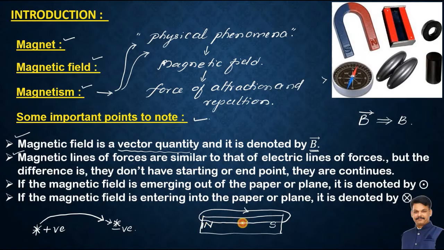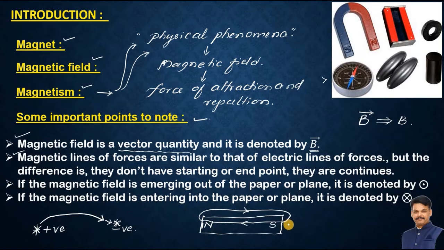So there is continuation of the magnetic field lines inside the magnet. That is the major and very important change in the property of magnetic field lines and electric field lines. So, dear students, just remember that electric field lines are not continuous, whereas magnetic field lines are continuous. Okay?